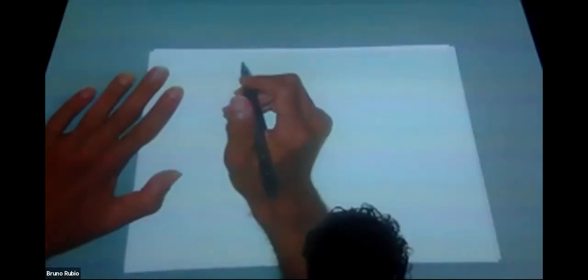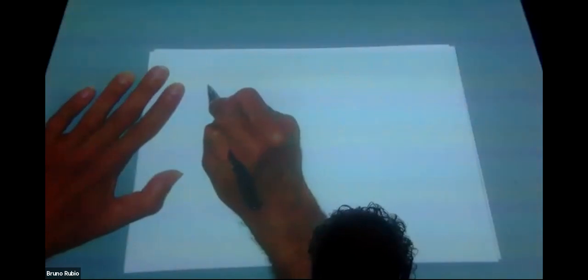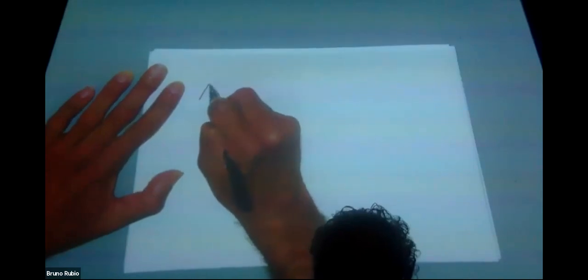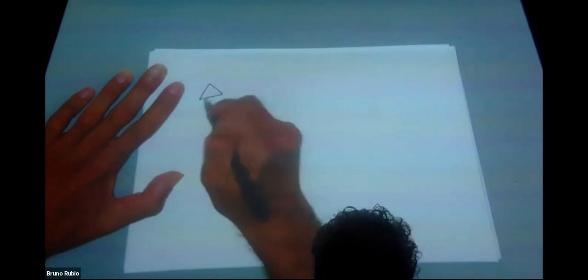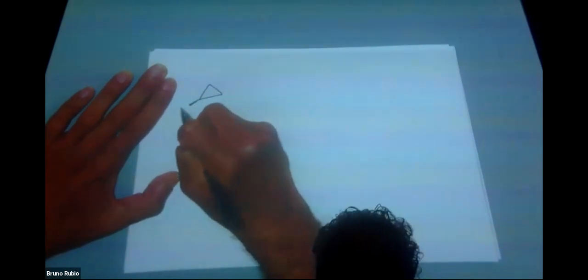But let's look at an example where the two protons of a CH2 group would be non-equivalent even if there's no chirality center. So that could be something like this. Let's see. Is there a chirality center in this molecule?